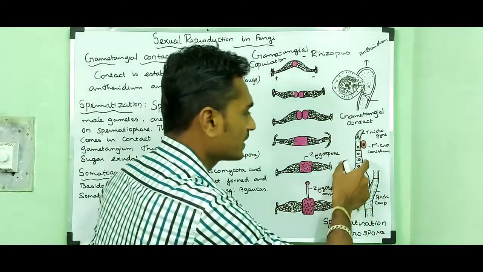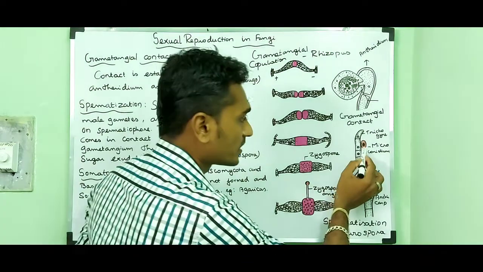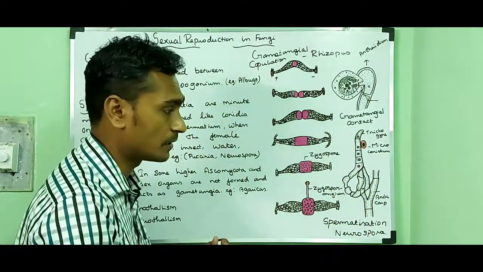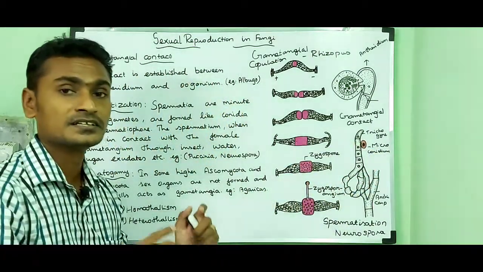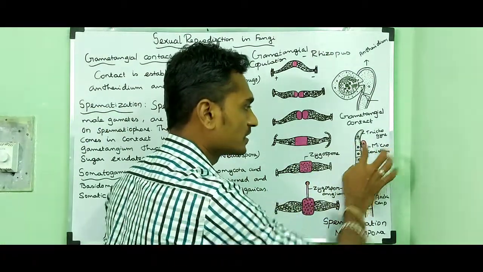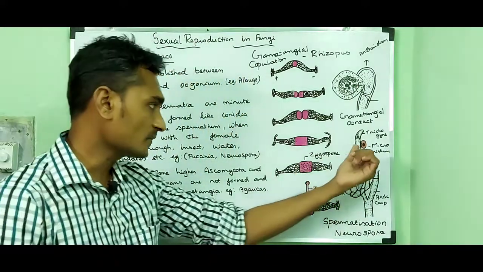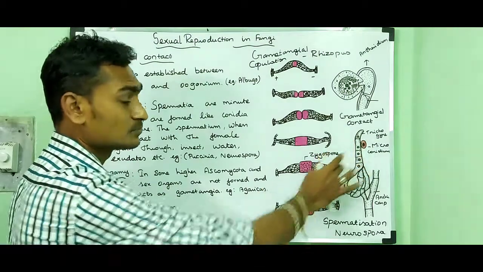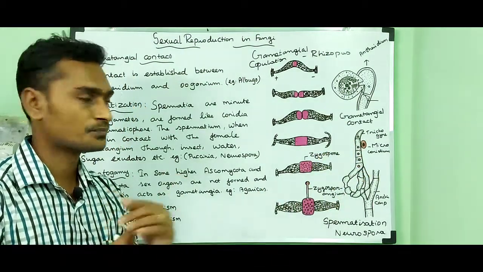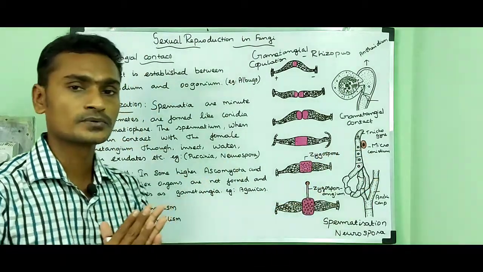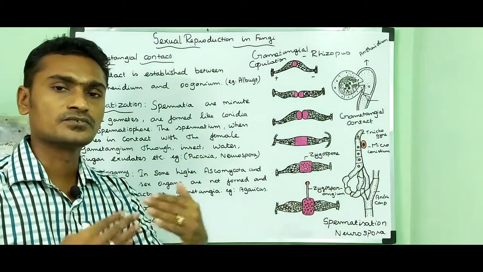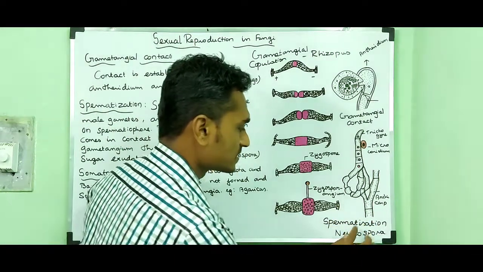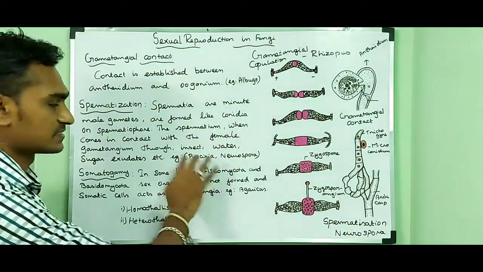Here you can find the female gametangium and here you can find the spermatium. The spermatium makes a contact with the female gametangium and releases the male nucleus into the female gametangium through a fertilization pore. This results in the formation of zygote. Examples for spermatization are neurospora and puccinia.